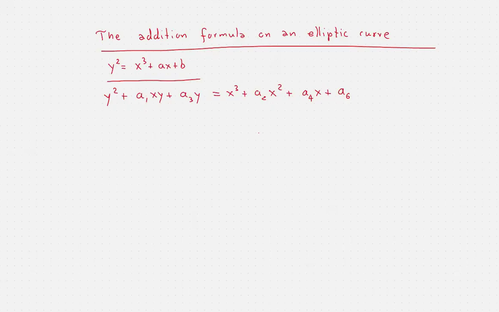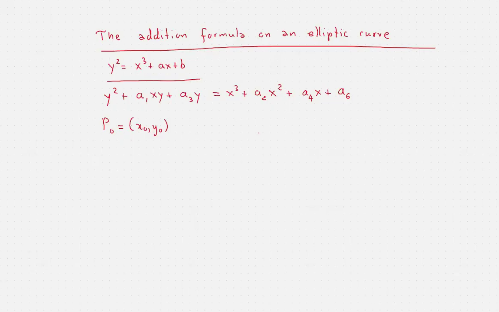So here we suppose that we have a point that has coordinates P0 equals (x0, y0). One thing that we can say is that this is not the point at infinity. As usual, the point at infinity will have projective coordinates 0, 1, 0, and has to be considered separately.